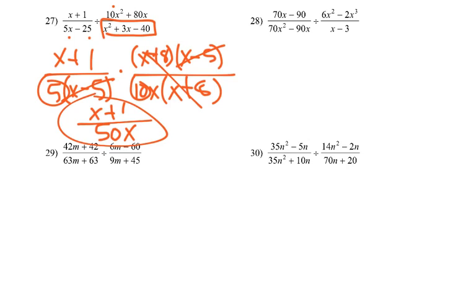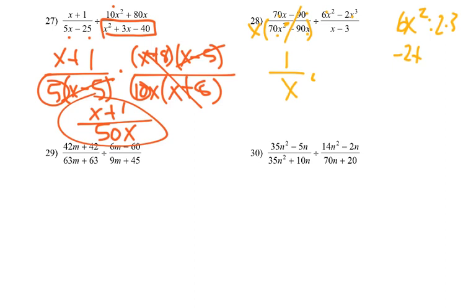Okay, 28. Notice these ones look very similar. So if I pulled out just an x, I would have the same thing, wouldn't I? I'd have 70x minus 90. So I'm going to cancel those and just have 1 over x. Times, then this one, we could pull out a few different things. So 6x squared would be like 2 times 3, and then 2 x's.